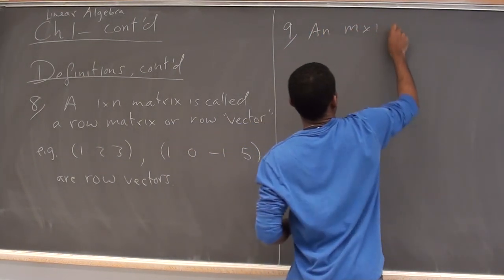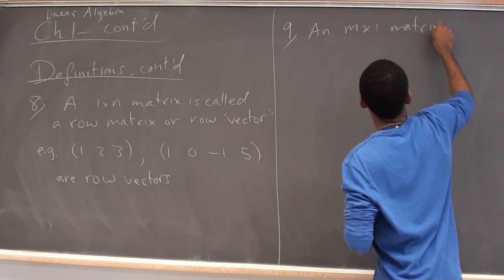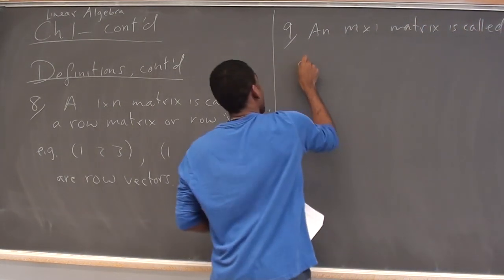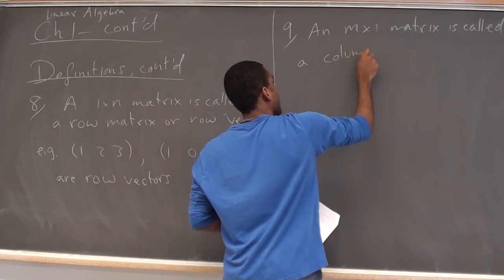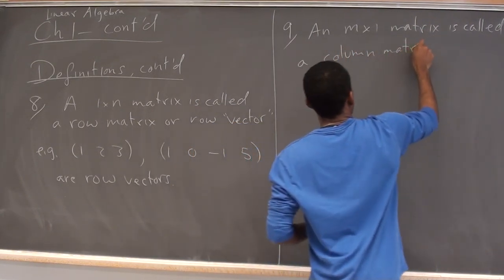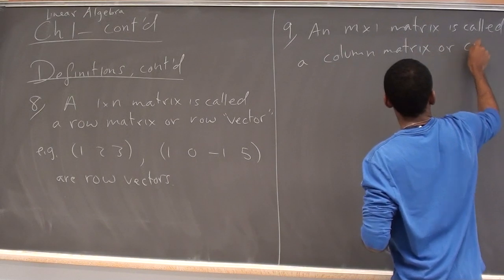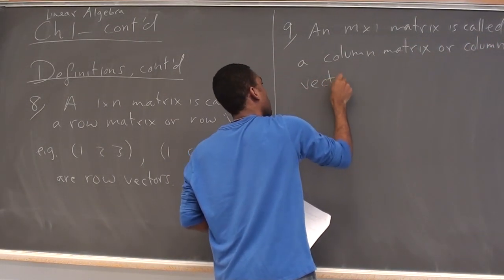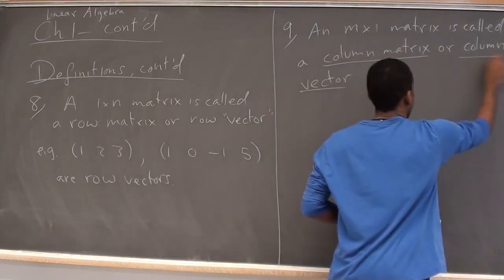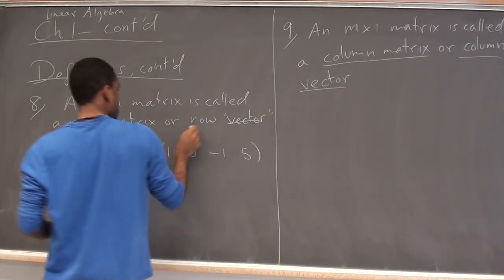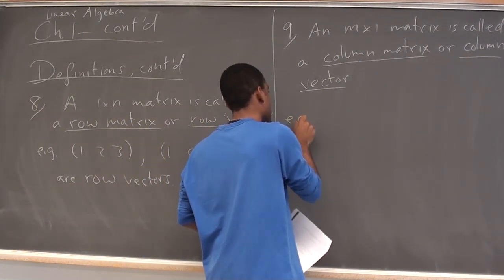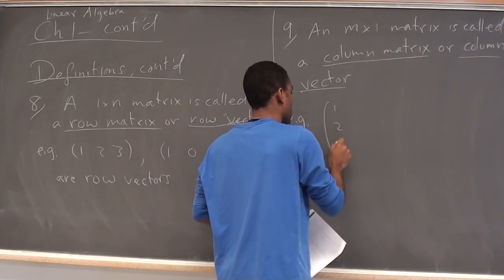An m by 1 matrix is called, what do you think it's called? A column matrix, or column vector. Okay, so examples of those: 1, 2, 3.